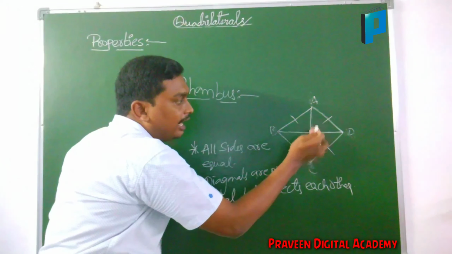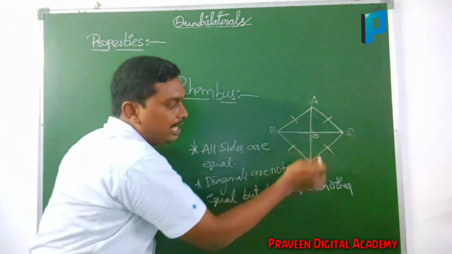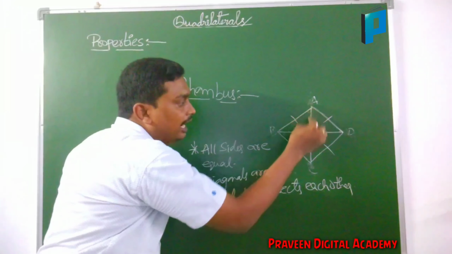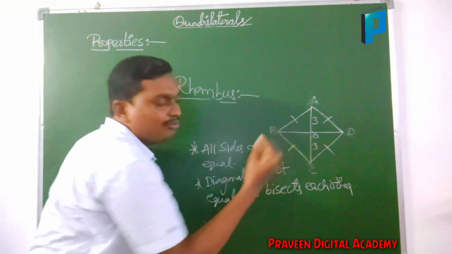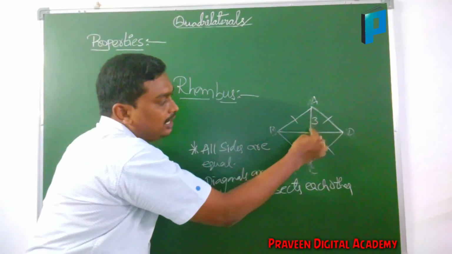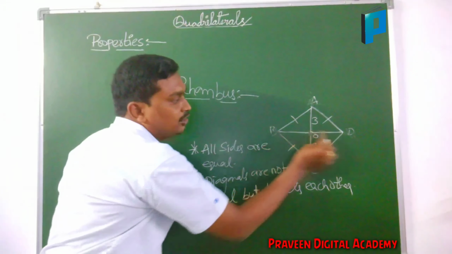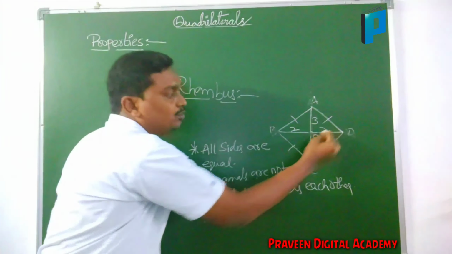But AC and BD both will bisect each other. Means if AC is 6, AO will be half of 6 and OC is half of 6. AO is 3, OC is 3. If this total is 4, OB is 2, OD is 2.